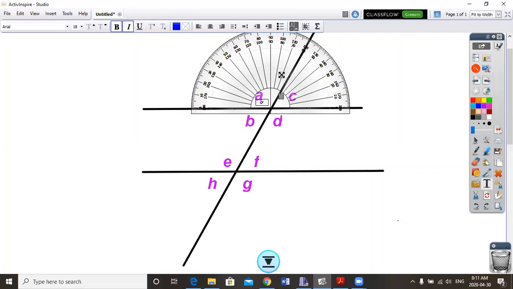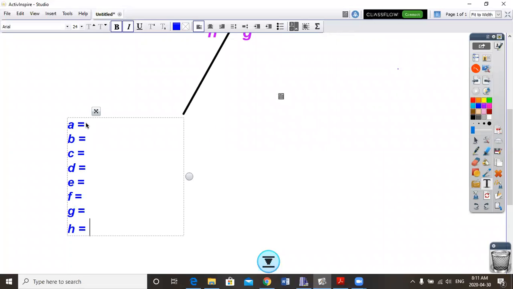We want to measure this angle. We start from 0 and we look back, and it appears that the angle is 10, 20, 30, 40, 90, 100, 110, 120 degrees. So angle A is equal to 120 degrees.